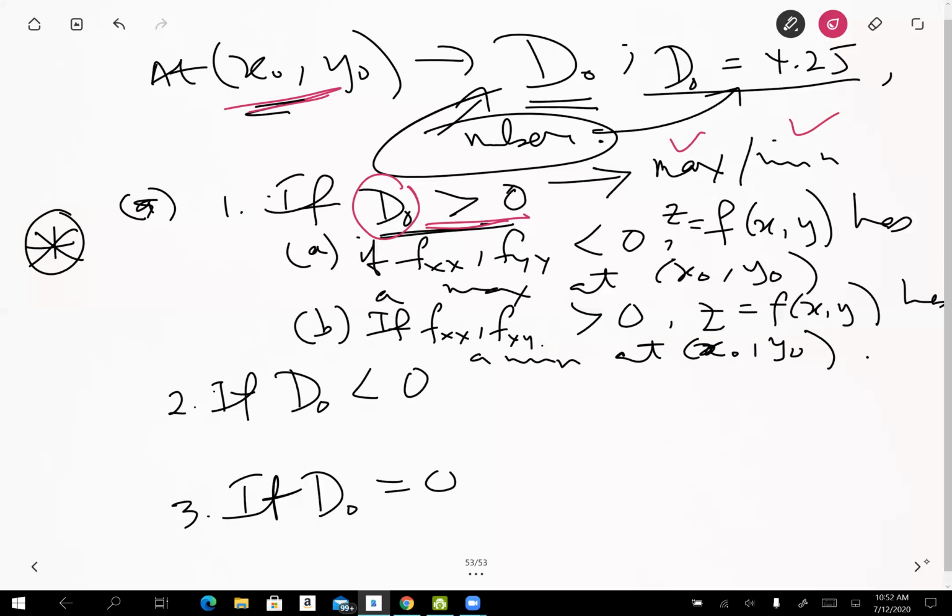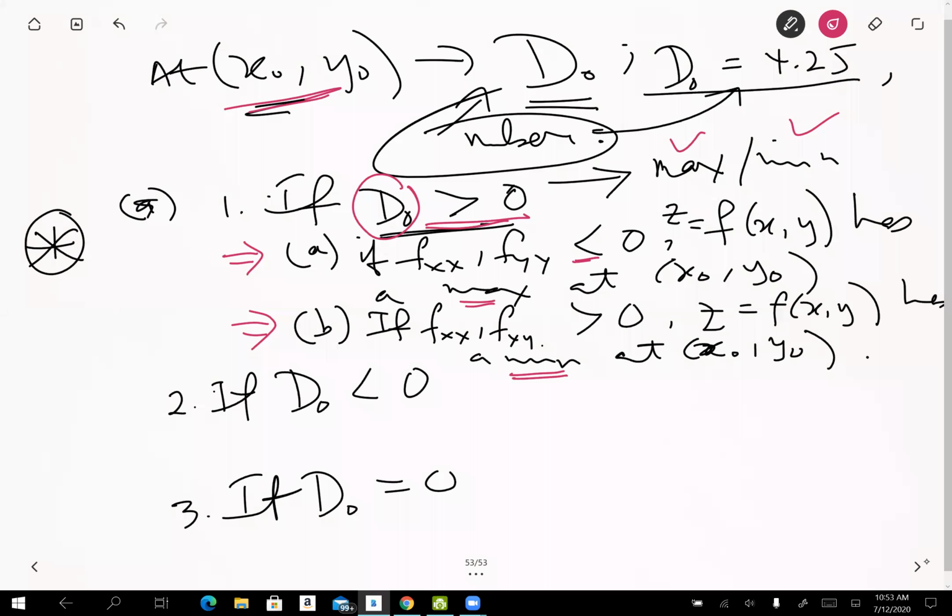The second condition is like what we state in A and B. If fxx at x0, y0, fyy at the point x0, y0, both less than 0, negative, then the function has a maximum at that point. If fxx, fyy at the critical point x0, y0 are positive, then the function has a minimum at the critical point.